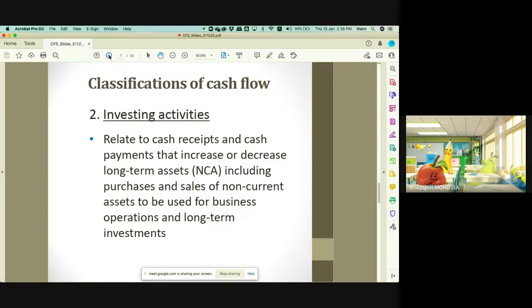For example, when you purchase your building, your land, or your equipment. All these are non-current assets, including the sales and purchase of non-current assets to be used for business operation or long-term investment. So it means that any cash inflows and outflows related to your non-current asset will be shown under investing activities, right?